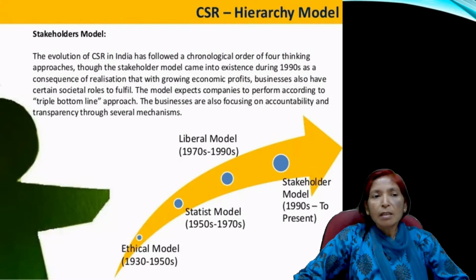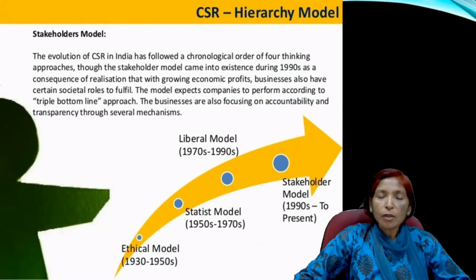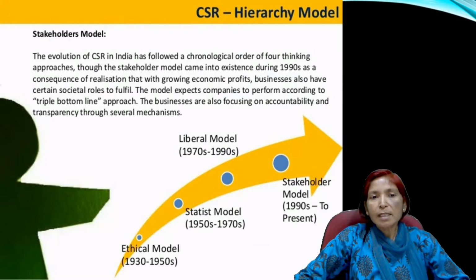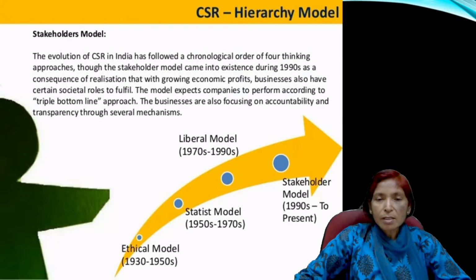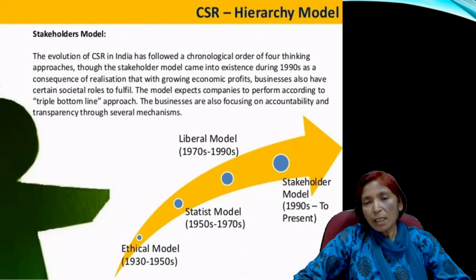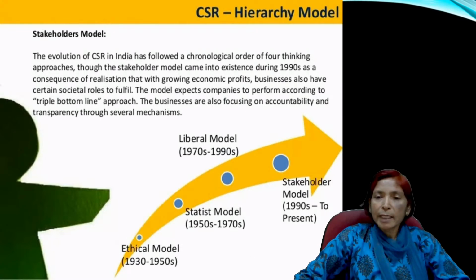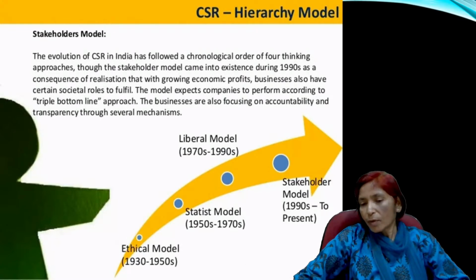So these are the four thinking approaches related to the evolution of CSR in India, which followed a chronological order: first is 1930 to 50, second is 50 to 70, then 70 to 90, and then 90 onwards.